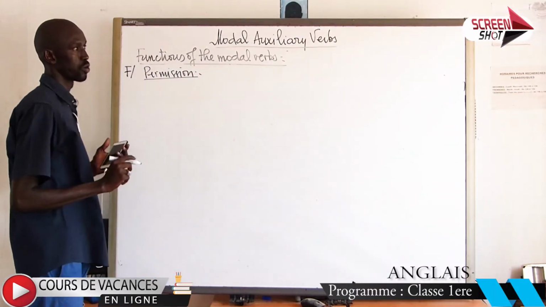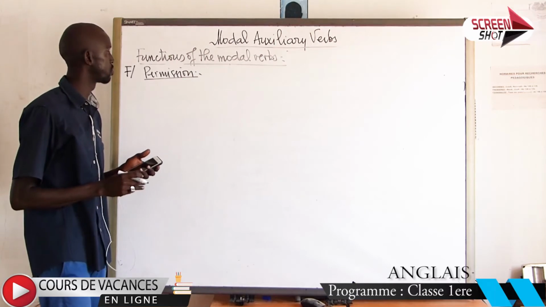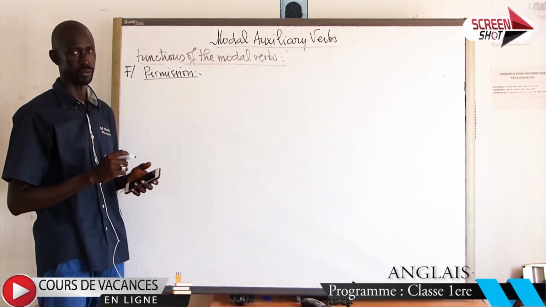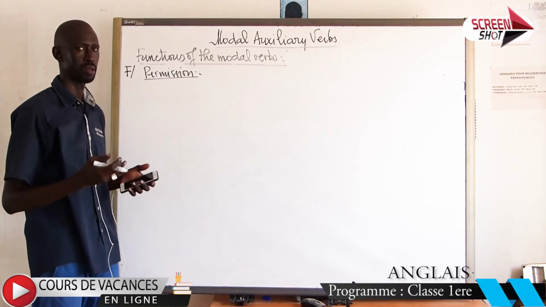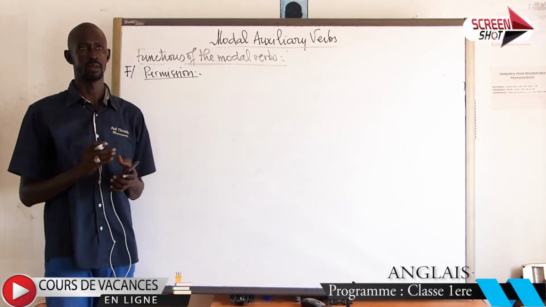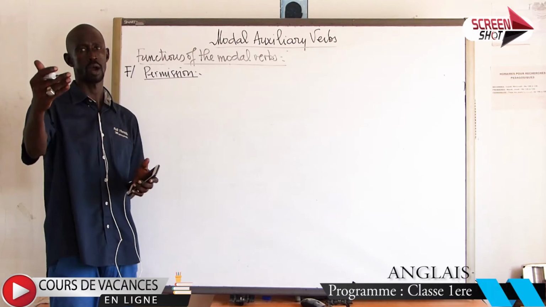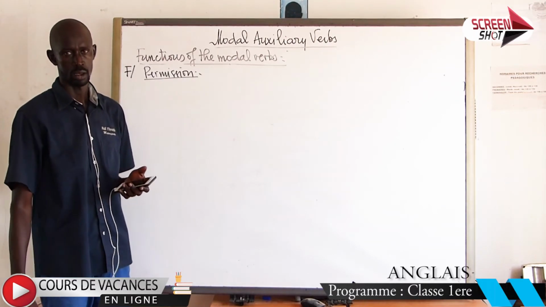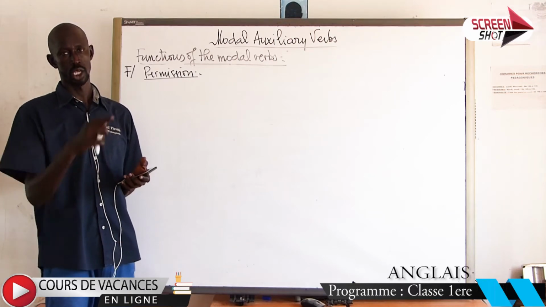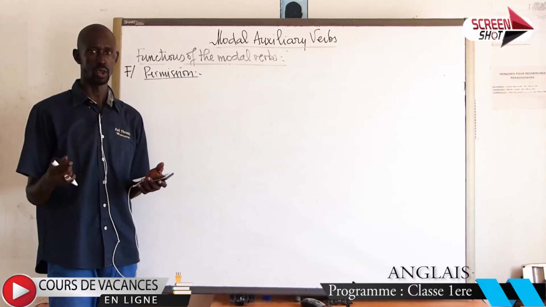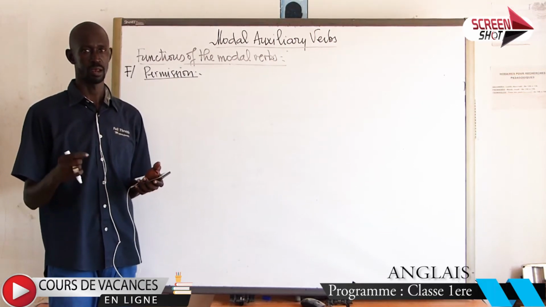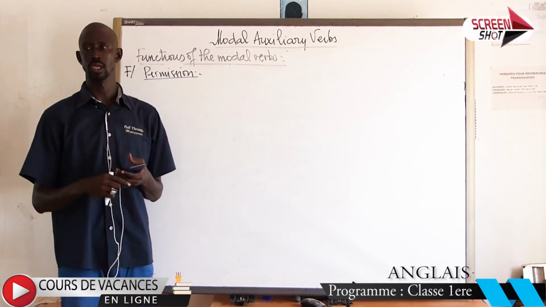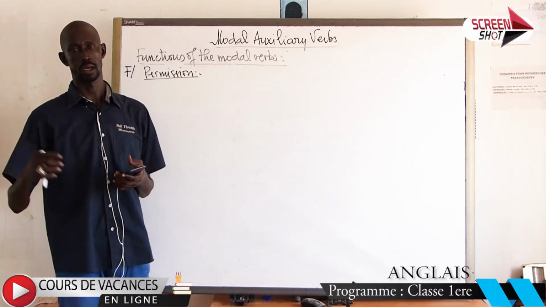You can use also the modal verbs to ask for permission. Sometime in class, most of the time, if a student want to go out, the student must come to see the teacher to ask the permission to go out. We can use the modal verb to express the permission. So here, a student come to see the teacher and tell him, can I go out?